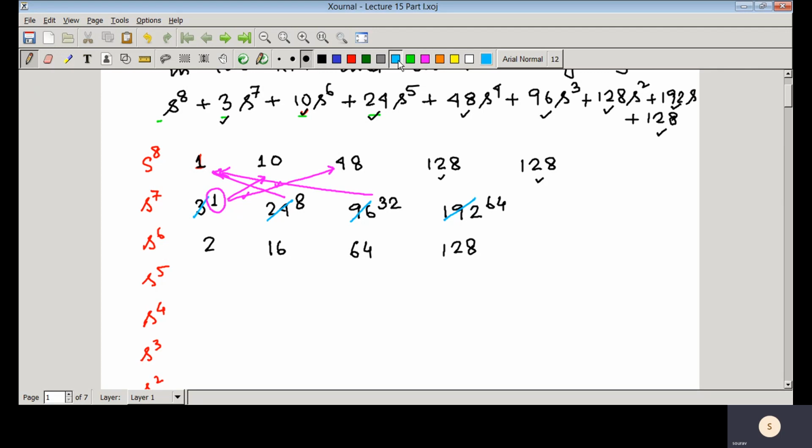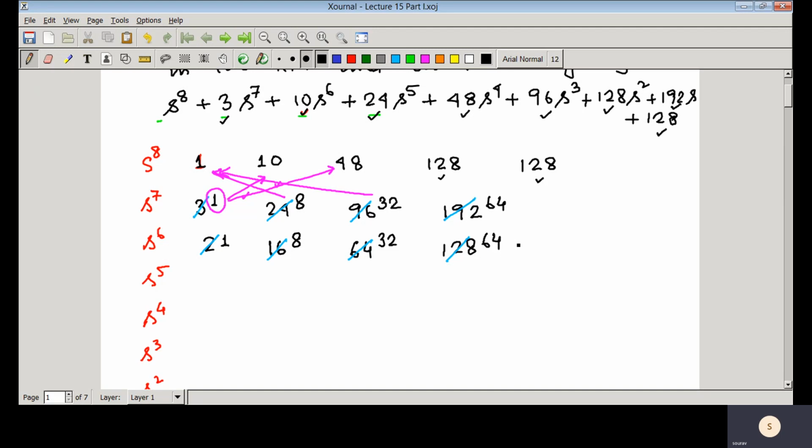Here we can again take 2 common, so you have 1, 8, then 32, and 64.